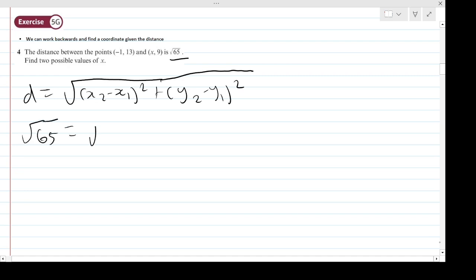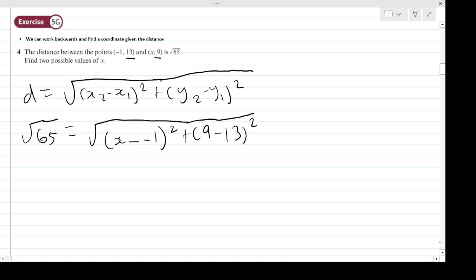And so the change in x firstly is x minus of minus 1, because if you take this point as the first point, x take away the other x value would be x minus minus 1, all squared. Then we do the same for y, plus 9 minus 13 all squared.